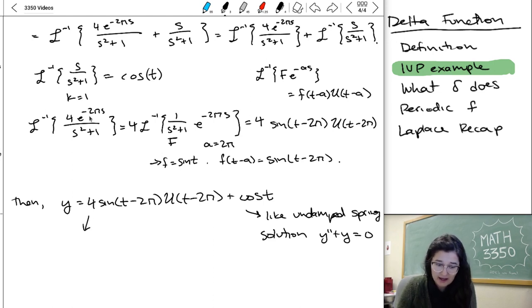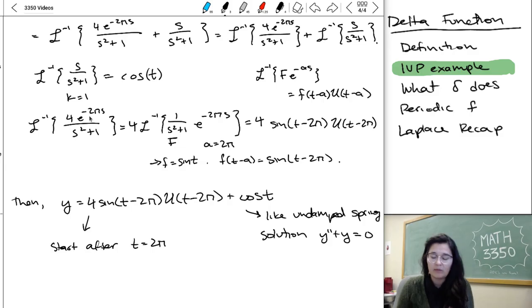Then this term right here is going to start after t equal to 2 pi. So remember, u is one of those step functions, Heaviside functions. It's an on-off switch, and it doesn't start until t crosses the a value. So when t is 2 pi, this function begins to exist, and before that it's 0.